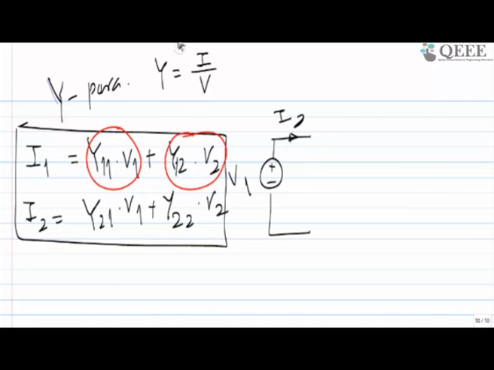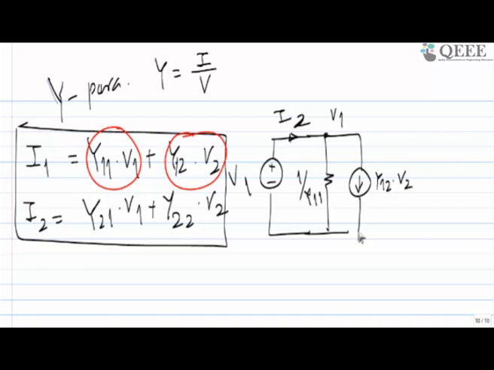For that, if I1 is available here, then for a V1 potential across 1 by Y11, I am going to get the first term, and if I want to get the second term, that is the current source, it has to be Y12 times V2.